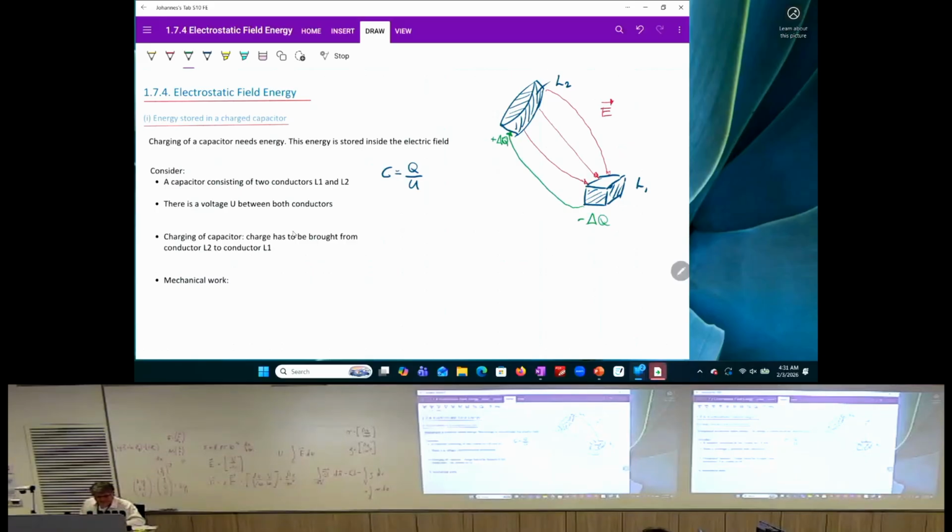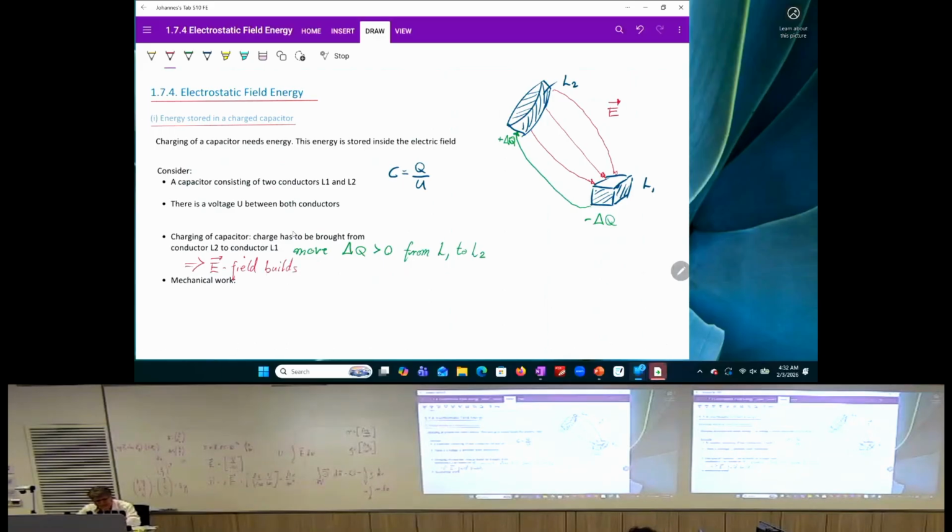So your task is now to move this delta Q, which is larger than 0, from L1 to L2. In consequence of moving these charges, you have an E field which is building up.